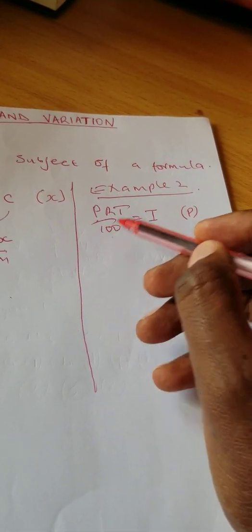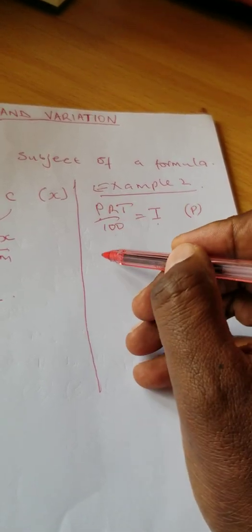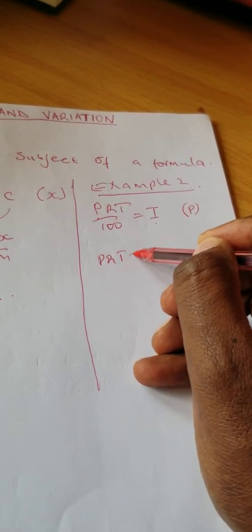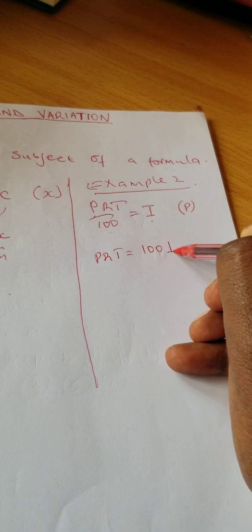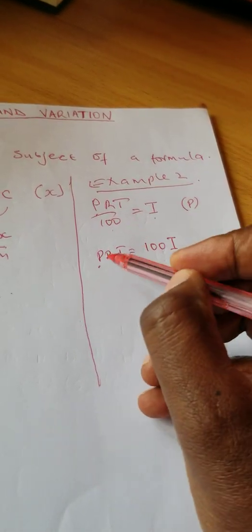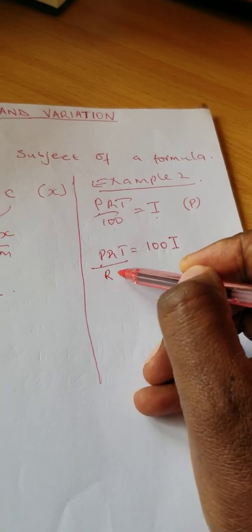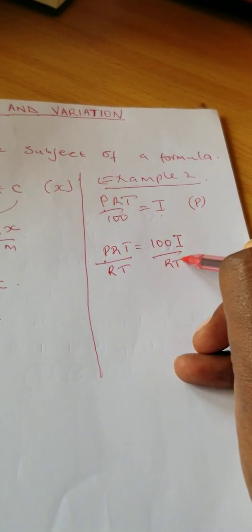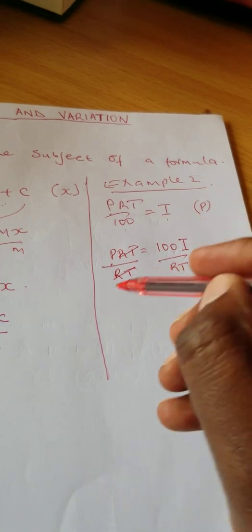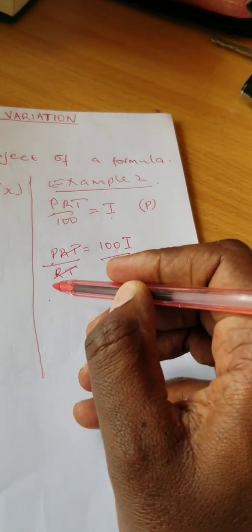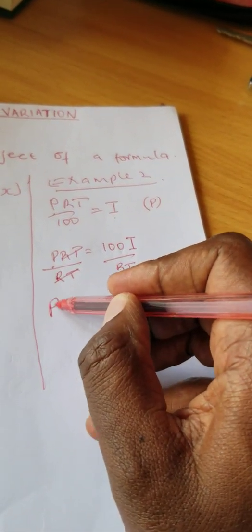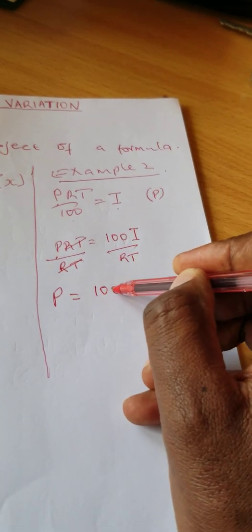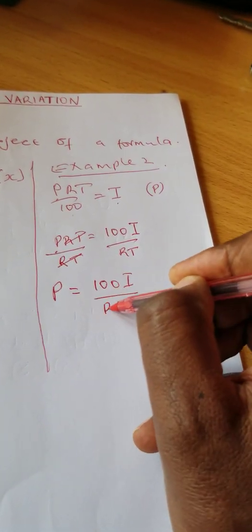The subject this time is I, and you want to make P the subject. So you first of all remove this 100, so you multiply both sides by 100, and you get PRT is equal to 100I. Then you want to make P the subject, so you divide both sides by RT, RT over RT. This one goes, and your final formula is P is equal to 100I over RT.